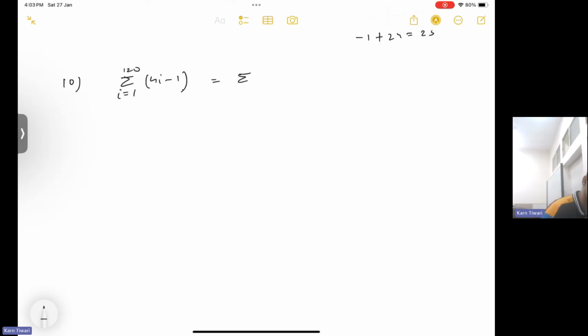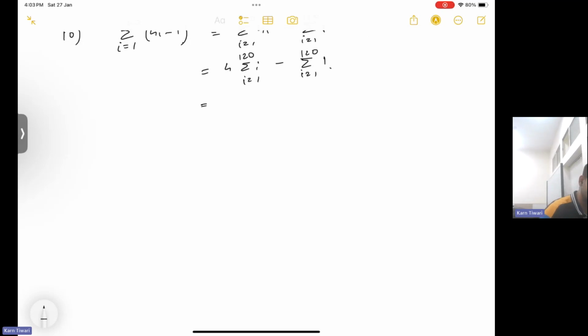So it's summation of 4i from 1 to 120 minus summation of 1 from 1 to 120. The 4 is a constant here, you can take it out. 1 is my constant.